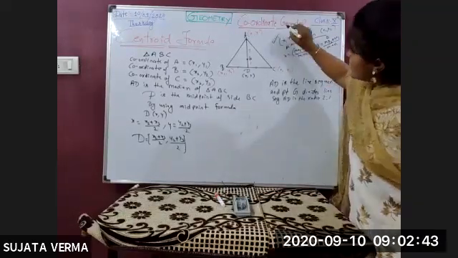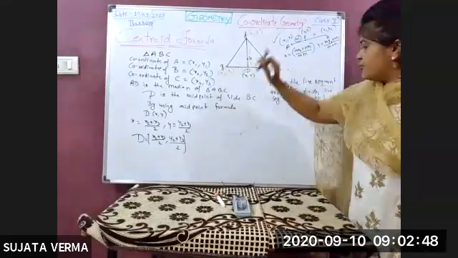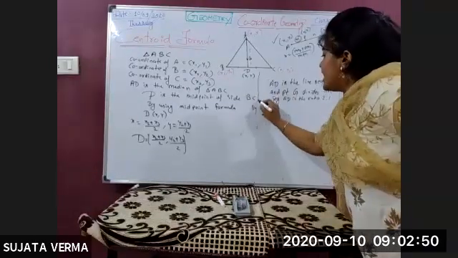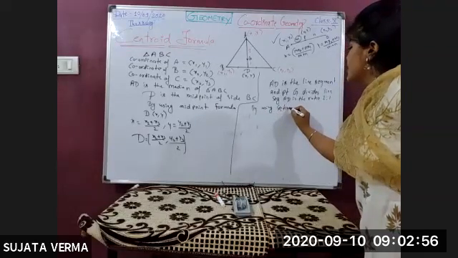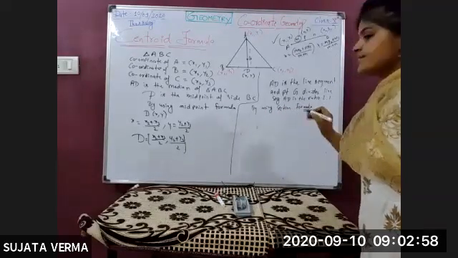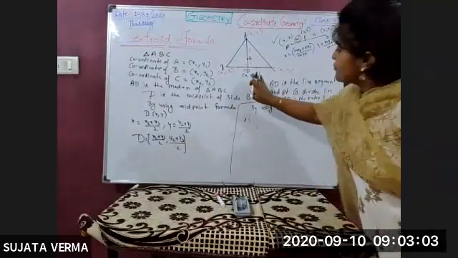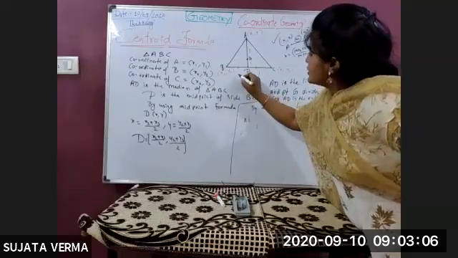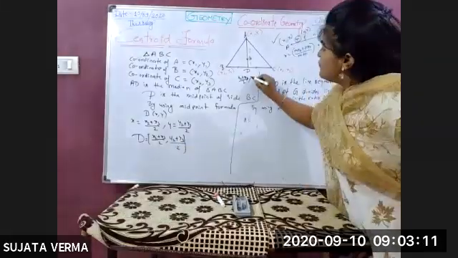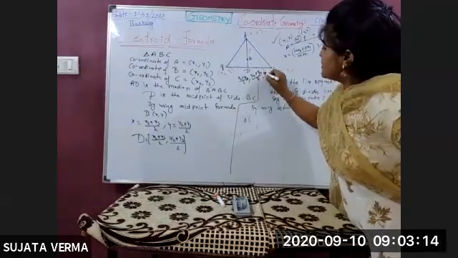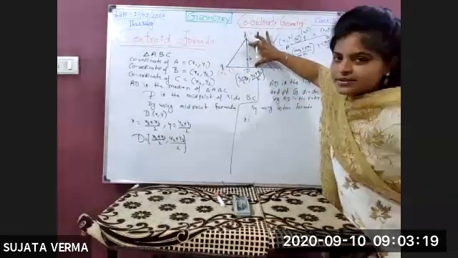So by using this formula, we can find the coordinates of G. Using the section formula, x is equal to, here we get the D coordinates (x2 plus x3) divided by 2, (y2 plus y3) divided by 2. Okay. Now, apply this section formula on this line segment.